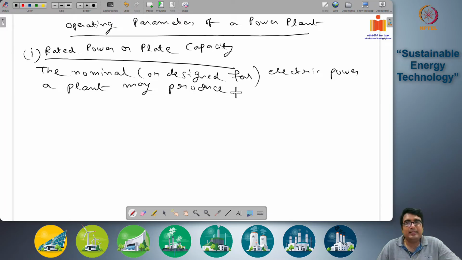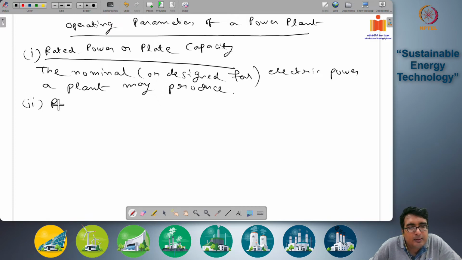So this is basically the capacity that the manufacturer says the power plant is rated for. It's called the rated power or plate capacity. Okay. It's a nominal or designed for electrical power a plant may produce according to manufacturer certification.